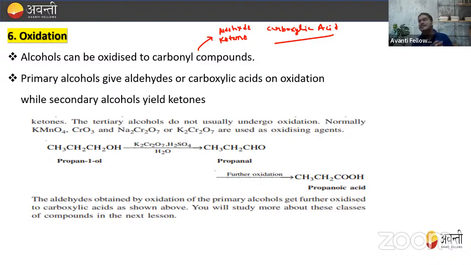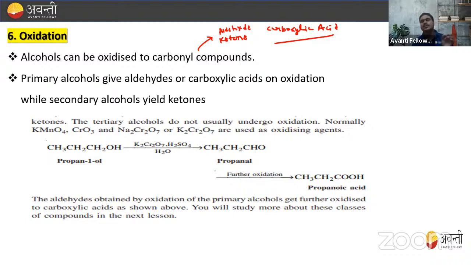These act as controlled oxidation and stop the reaction at the aldehyde level only, and carboxylic acid will not form.